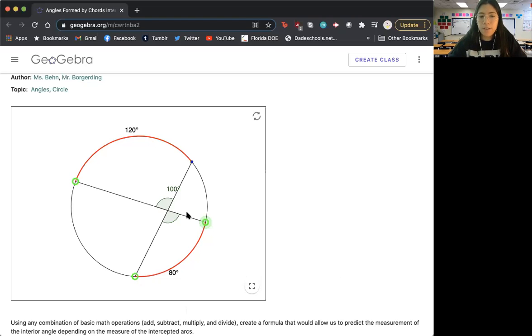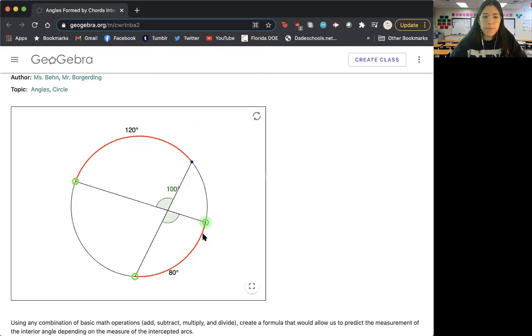The measure of the central angle is half of the sum of the two arcs. So let's look at our arcs. 120 plus 80, what do I get? 200. And then 200 divided by 2 gives me 100. Do you see that?